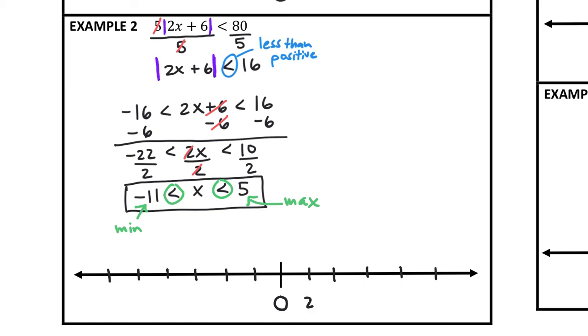So here I have 2, 4, 6, 8, 10. And then I have negative 2, negative 4, negative 6, negative 8, negative 10, negative 12.